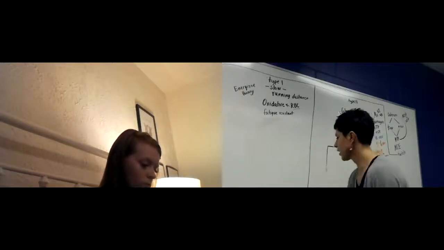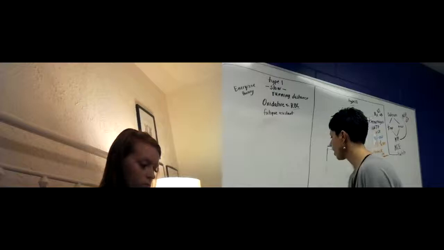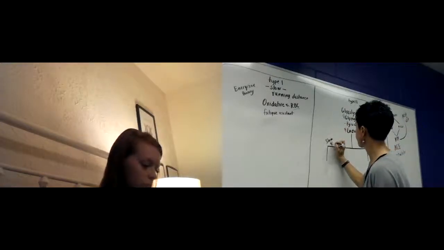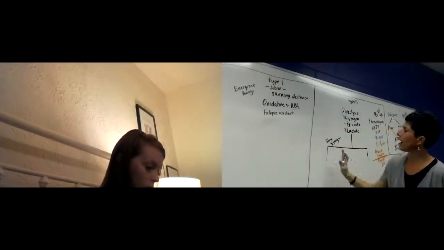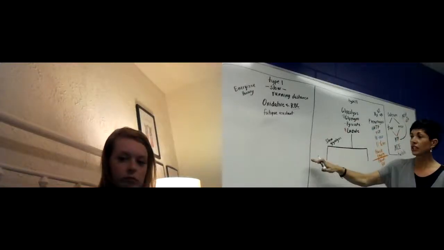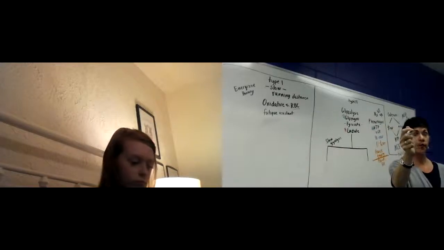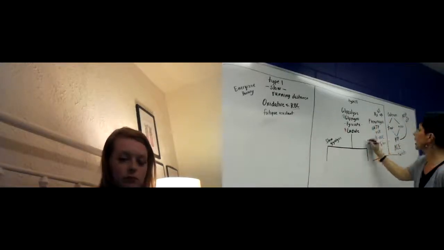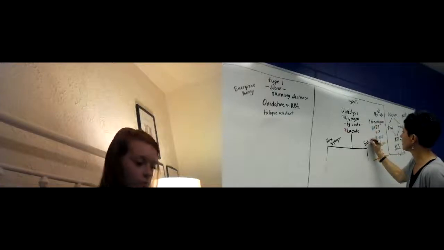Here we have what we're going to call slow glycolysis. It's closer to the type 1 fibers, so it's going to be able to go a little bit longer. And now, we're calling this fast glycolysis.